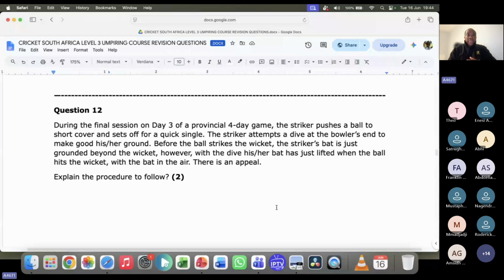Before the ball strikes the wicket, the striker's bat, however, with the dive, just lifted when the ball hits the wicket with the bat in the air. There is an appeal, and the important part of this scenario is that the striker attempts a dive at the bowler's end to make good his or her ground.